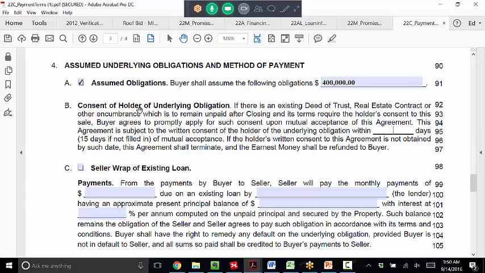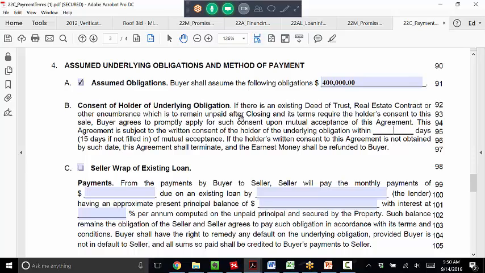So consent of holder of underlying obligation. If there's an existing deed of trust, real estate contract, or other encumbrance which is to remain unpaid after closing, and its terms require the holder's consent to this sale, buyer agrees to promptly apply for such consent upon mutual acceptance of this agreement.